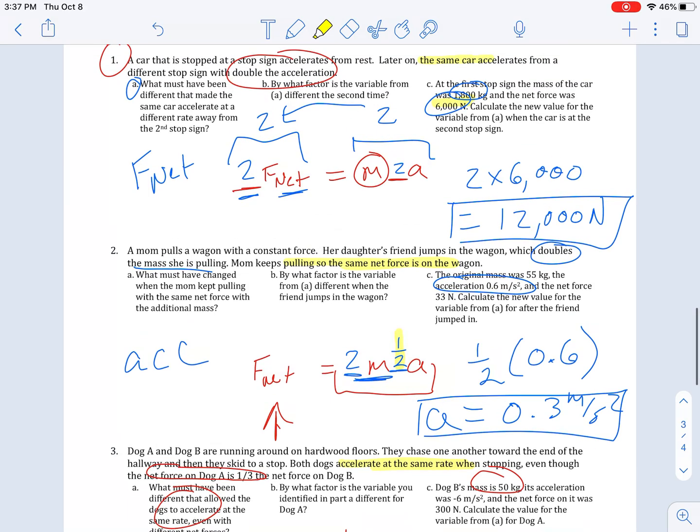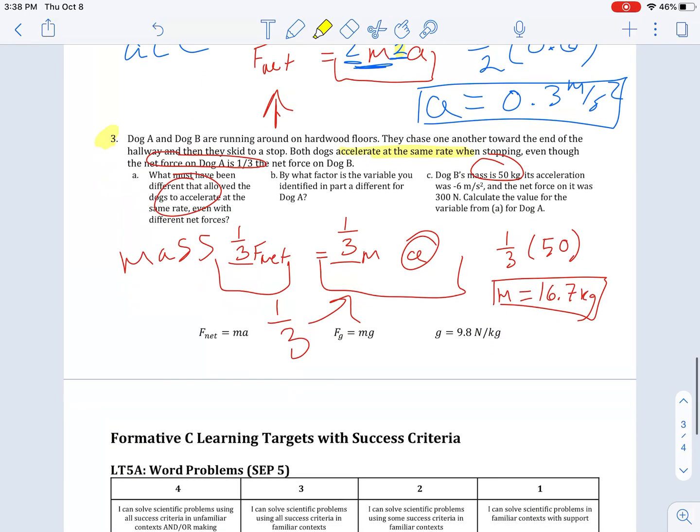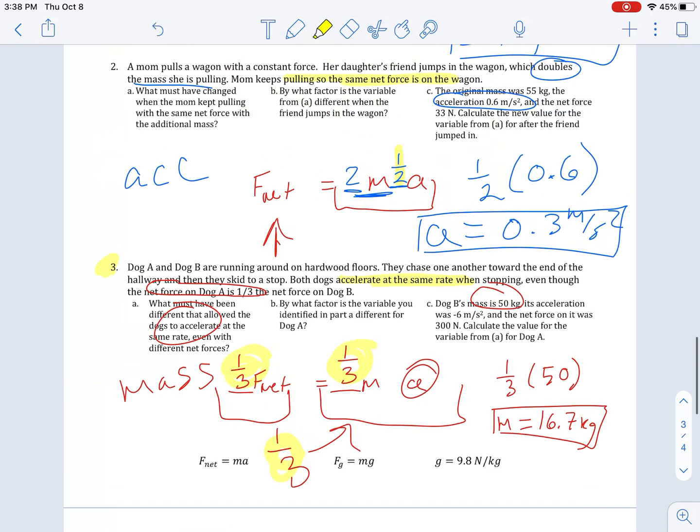So for example, in problem number 1, we saw acceleration change the right side by 2, so we need F net to also change the left side by 2. Similarly, in number 3, we saw that net force changed the left side by 1/3, so mass had to change the right side also by 1/3.